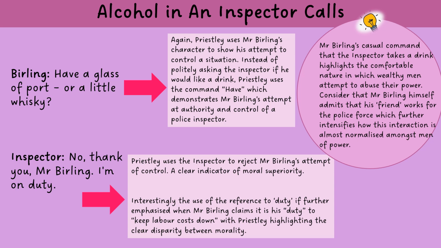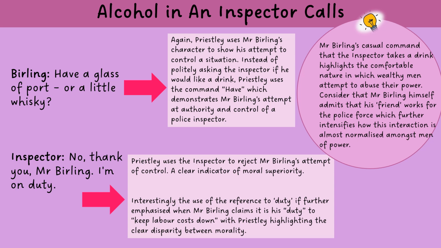And then we've got the stark contrast in reaction with the inspector. Okay, so Mr. Birling is the inspector's foil, because Priestley uses the inspector to reject Mr. Birling's attempt at any control. Okay, we can see the clear indication of moral superiority here.